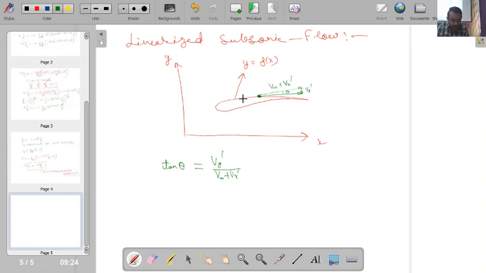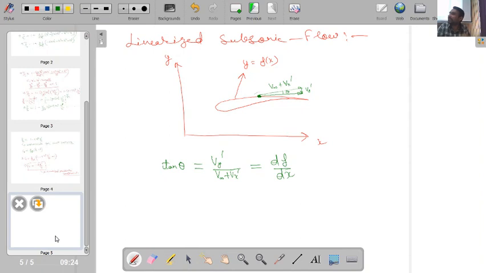So if I have this curve y is equal to f of x, anything which is tangent to this will represent the slope of this curve. So ultimately I can say that this is equal to df by dx, because y is a function of x.